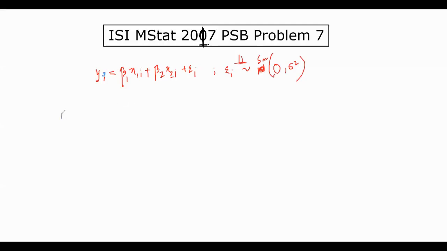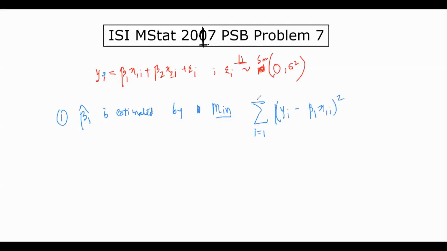So first step is that beta 1 is estimated by the least square method, by minimizing what? Summation of y_i minus beta 1 x1i whole square, i from 1 to n.